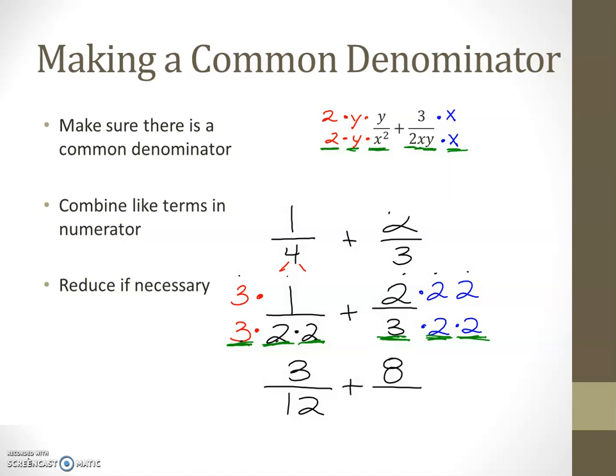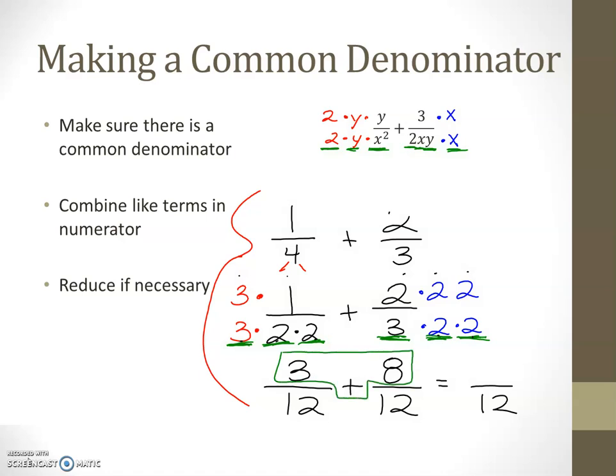And then again on the bottom, 3 times 2 times 2 gives me 12. Okay, so these steps right here were my steps to make sure that I actually had my common denominator. Okay, and then once we have our common denominator, we know that our answer is just that same denominator, and I'm going to do 3 plus 8, which is 11. And that's my answer.